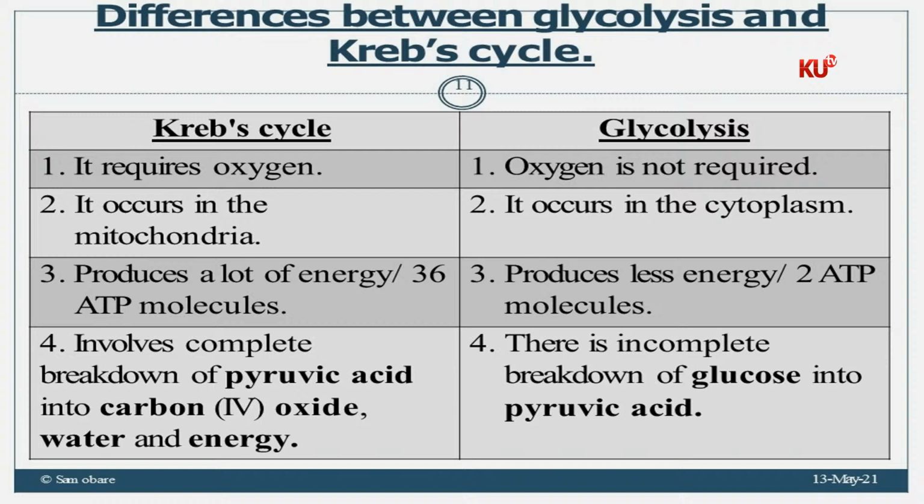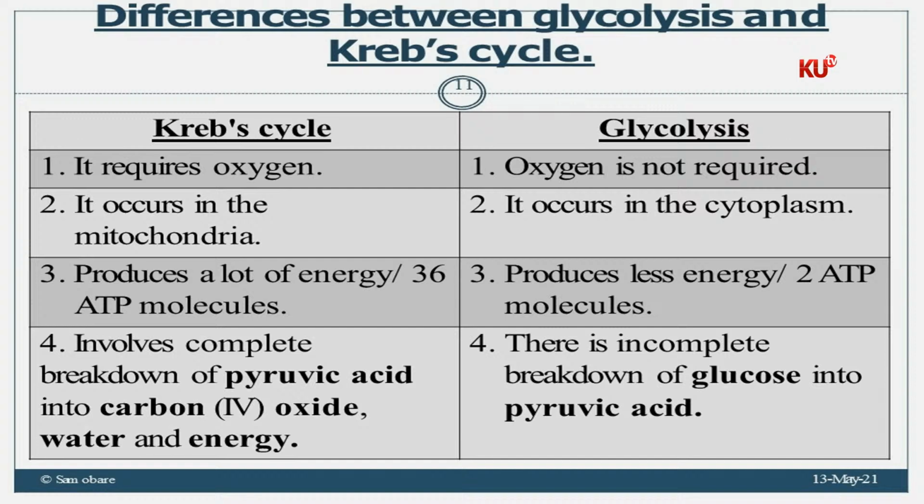A lot of energy is produced in the Krebs cycle because the food substance is completely broken down. That gives us about 36 molecules of adenosine triphosphate, while glycolysis produces less energy, about 2 molecules of adenosine triphosphate, because the food substance is partially broken down.